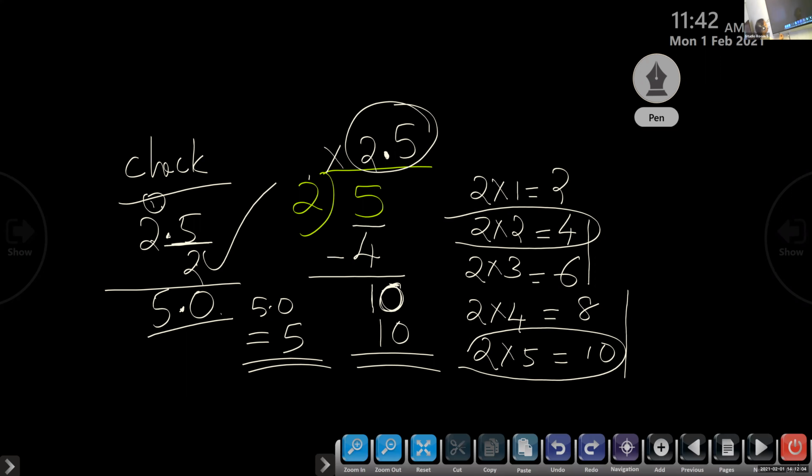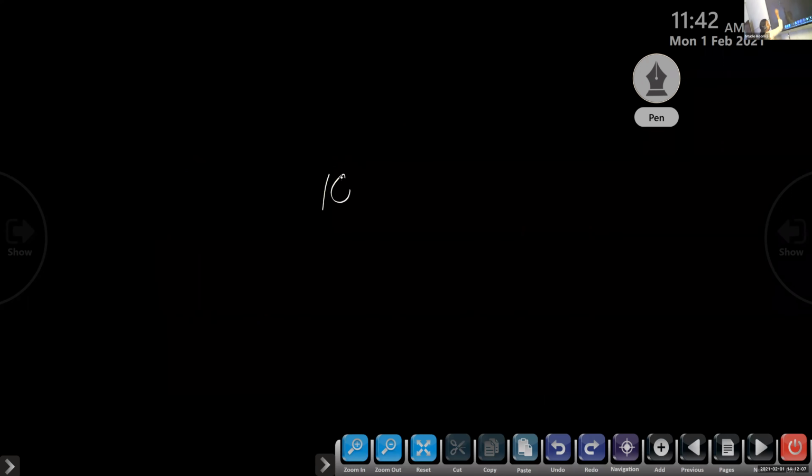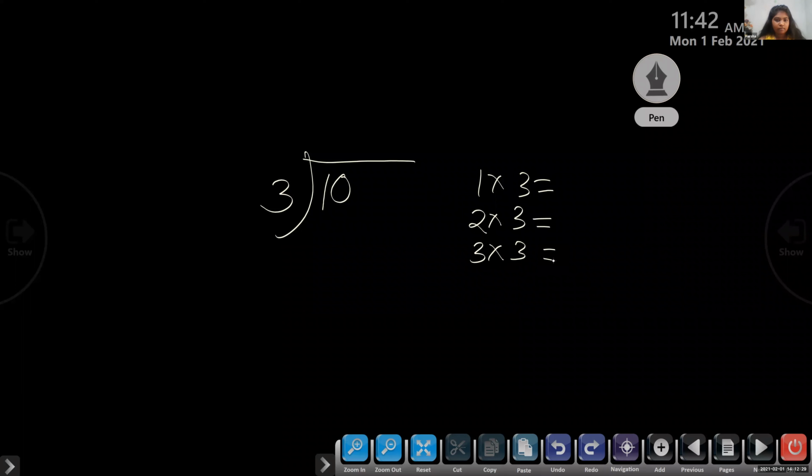Now I will show you another simple example: 10 divided by 3. Harsha, can you help me to divide? 1 times 3 is 3. 2 times 3 is 6. 3 times 3 is 9. 4 times 3 is 12.